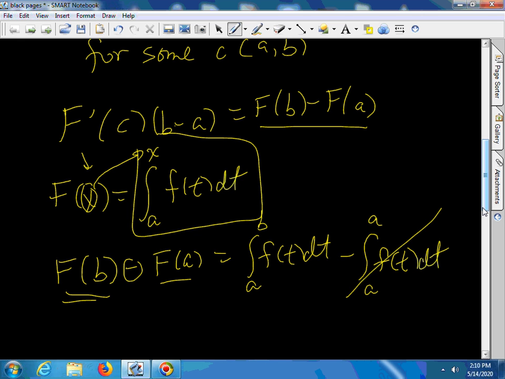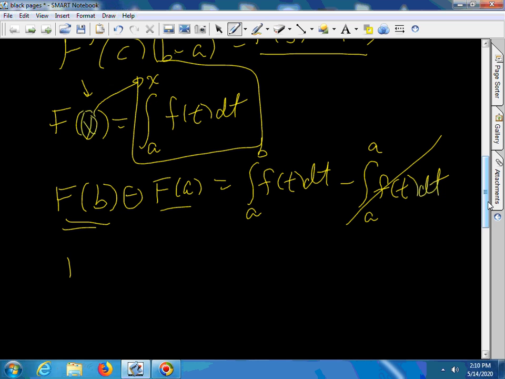But that's 0. So what we have is that F(b) minus F(a) is equal to the integral from a to b of f(t) dt.